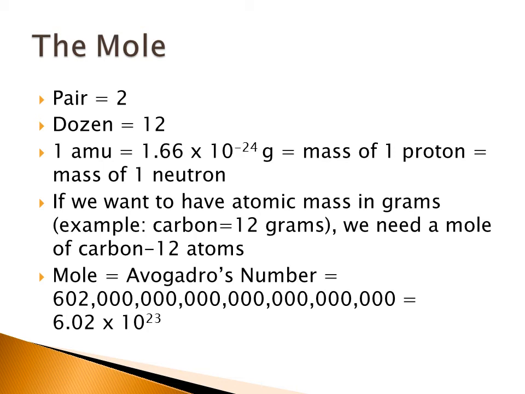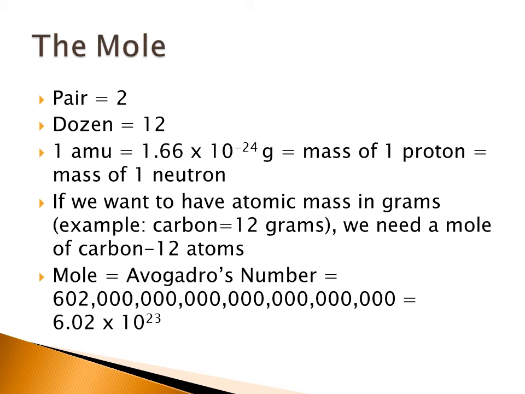Okay, and that's something that was calculated and developed a long time ago. So a mole just refers to how many atoms of carbon-12 we need to be equal to the molar mass in grams. Okay, and so it's carbon-12 that the mole is based on, but we can extrapolate that number to use for any element.